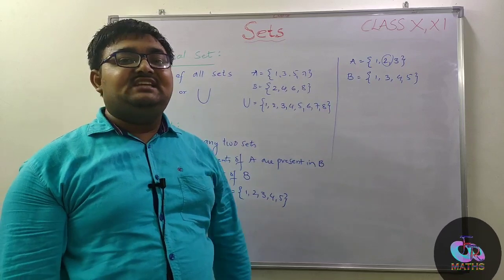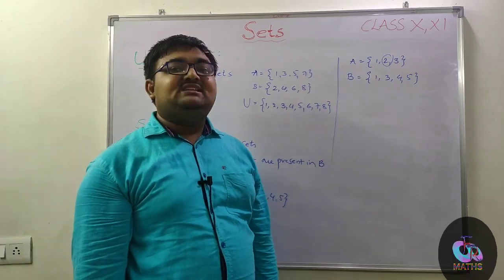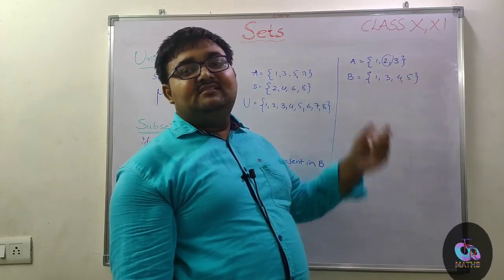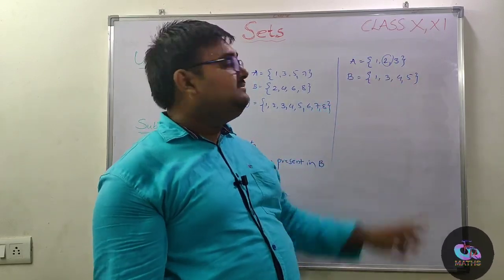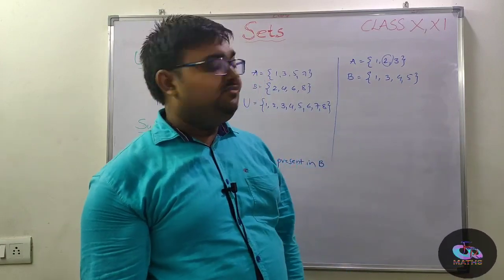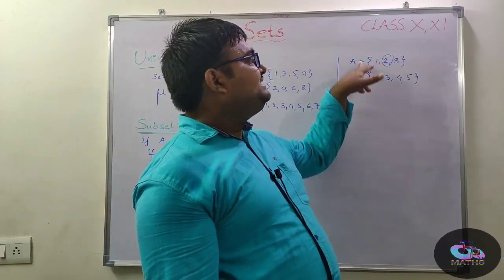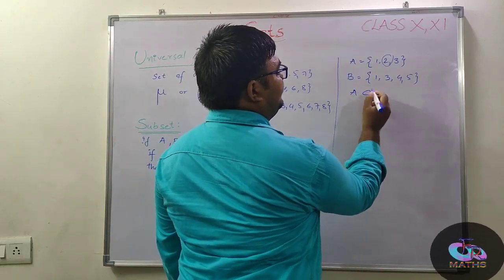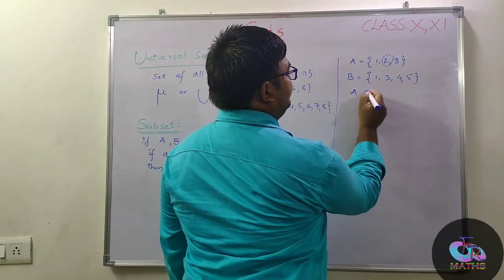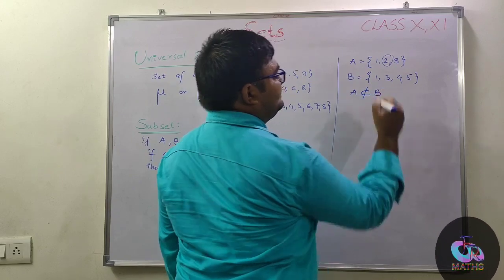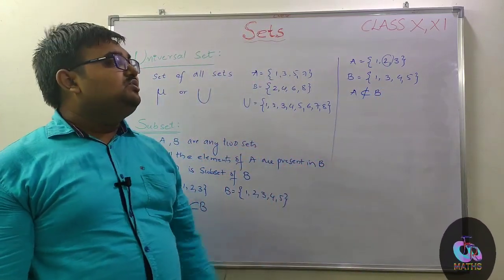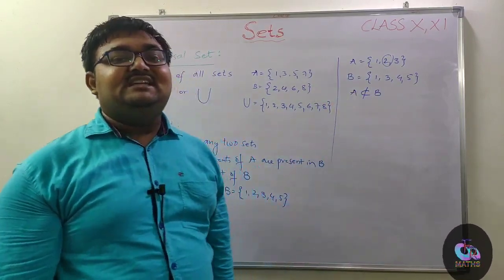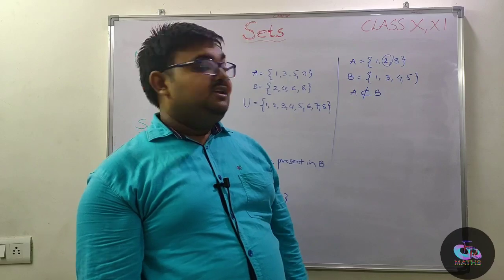No, because a subset should have fewer elements than the given set. Here set A contains 3 elements and set B contains 4 elements, so we can never say that B is a subset of A. So we write A is not a subset of B. If any element is missing, then clearly it is not a subset.